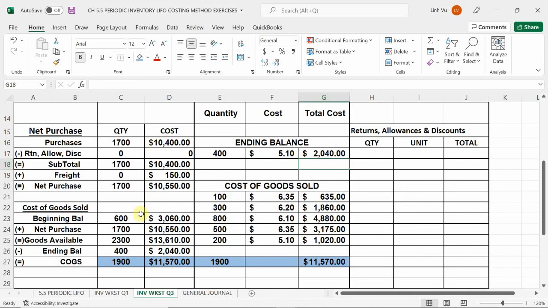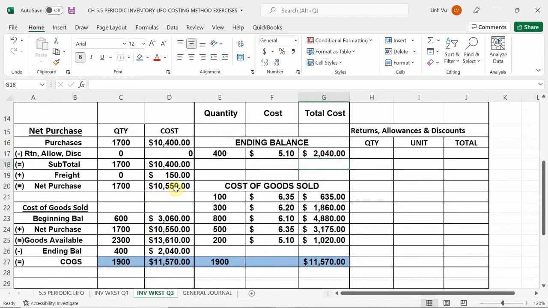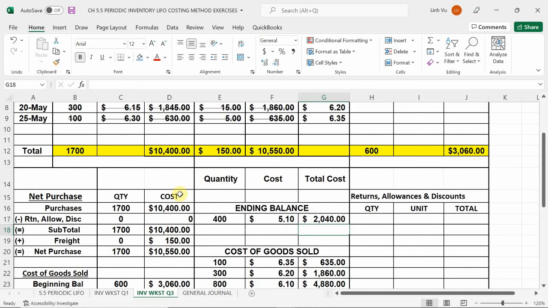That's the rule here, all right? And this is what happens when you have beginning inventory. Beginning inventory is going to be treated as if it's your first batch of inventory that you have available on hand. Or in this case, you purchased it as of May 1st, even though you carried it over from your previous inventory worksheet.